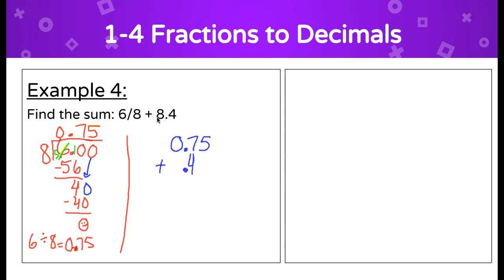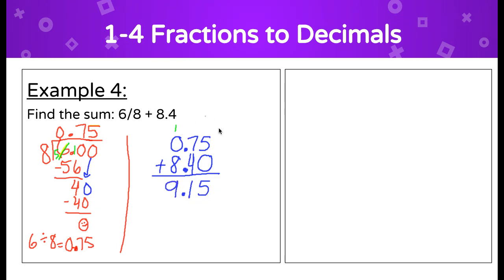The 8 is to the left of the decimal, so I write an 8 there, and then we add those together. Now, we do have an empty space, so you can write a 0 as a placeholder, and then go ahead and add. So 5 plus 0 is 5. 7 plus 4 is 11. You carry the 1. So we have 1 plus 0 plus 8, and that gives us 9.